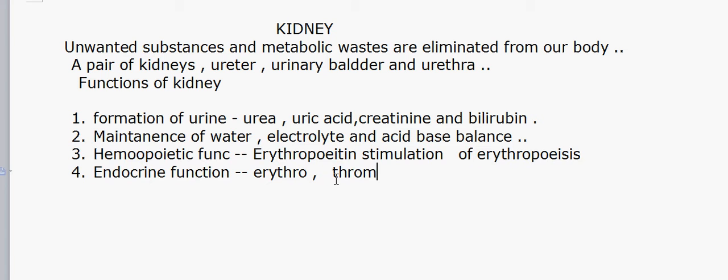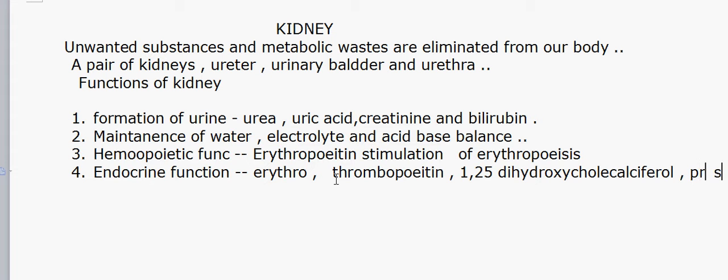So thrombopoietin, followed by 1,25 dihydroxycholecalciferol, which deals with vitamin D. It is also called calcitriol, that is 1,25 dihydroxycholecalciferol, which is also called calcitriol, and they also produce prostaglandins.